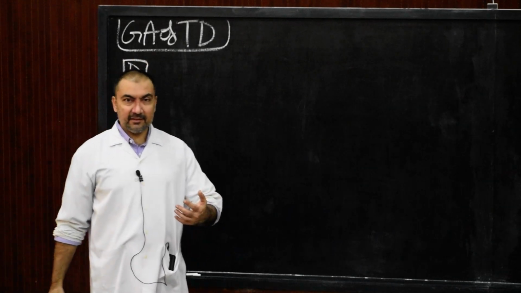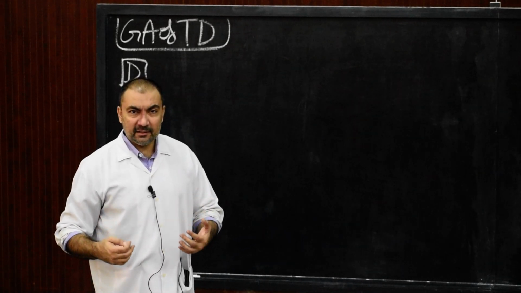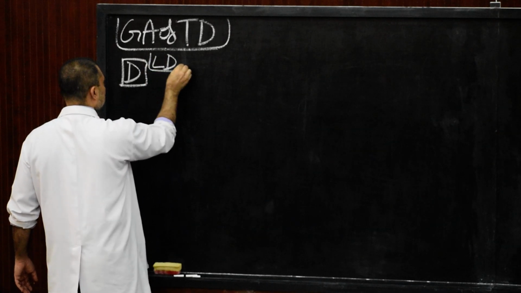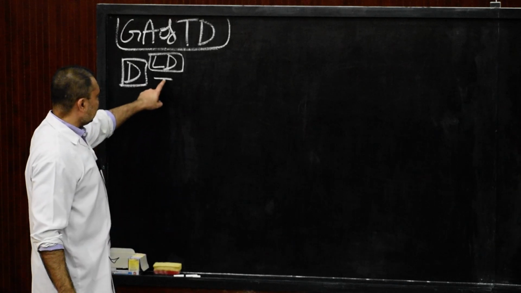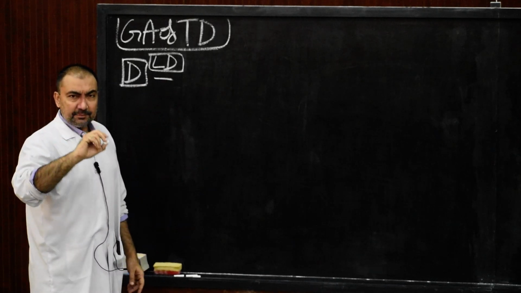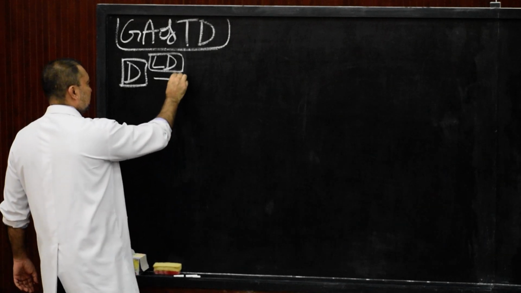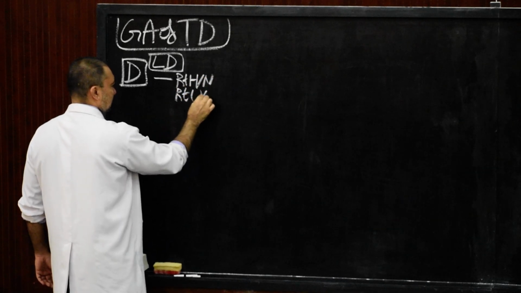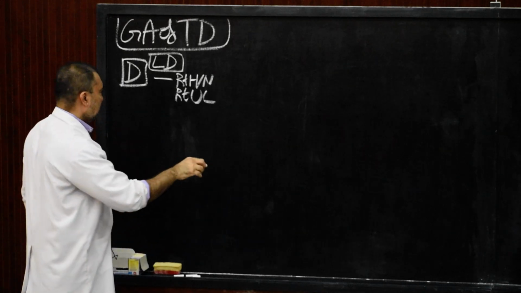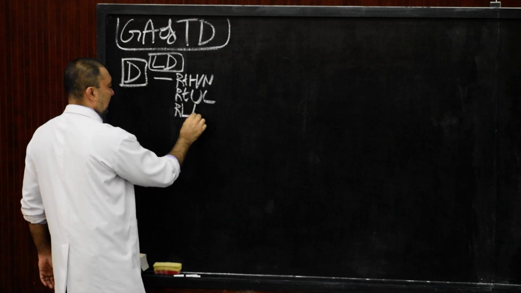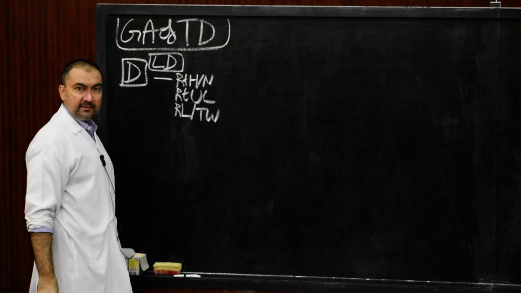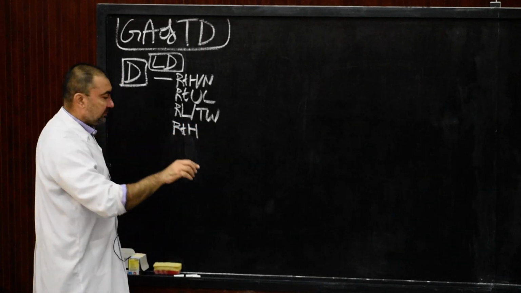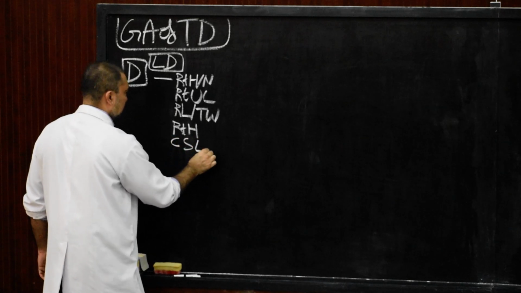So, thoracic duct will carry the lymphatic drainage of the entire body except, now this is very important, I will use this except as a minus sign: except the right side of the head and neck, the right upper limb, the right lung and thoracic wall, the right side of the heart, and the convex surface of the liver.